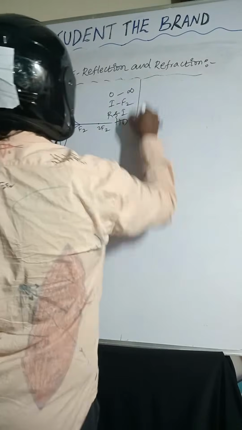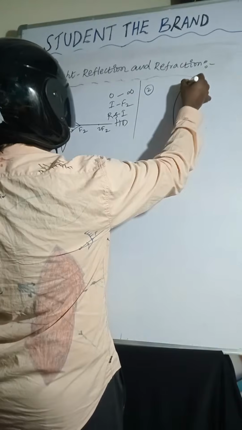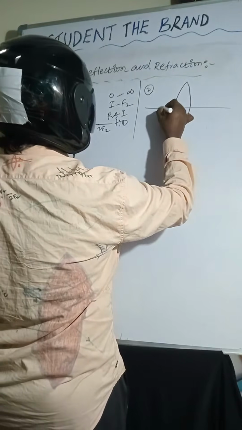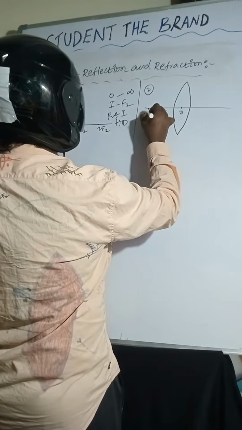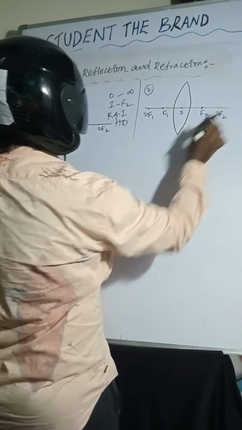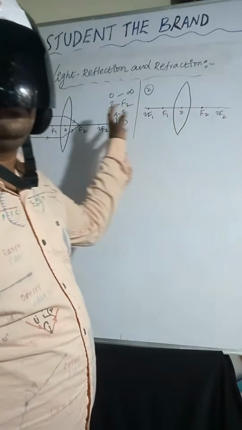Coming to the second one. Optic center, F1, 2F1, F2, 2F2. Object is placed beyond 2F1.